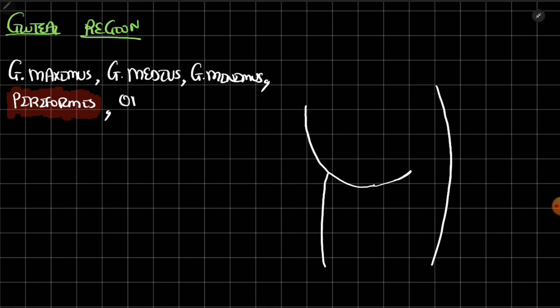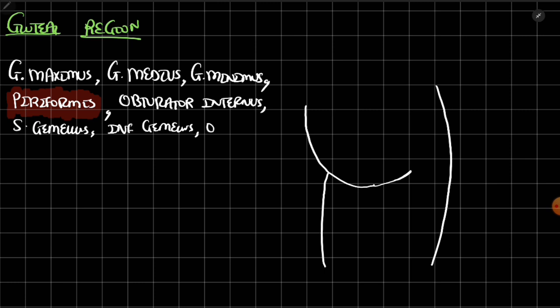Then we have the obturator internus along with the two gemelli, the superior gemellus and inferior gemellus. And also we have the obturator externus, and the last muscle, which is very important because of its spelling, quadratus femoris.